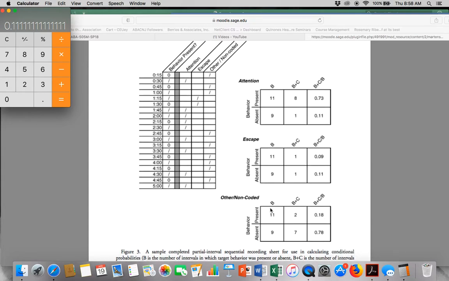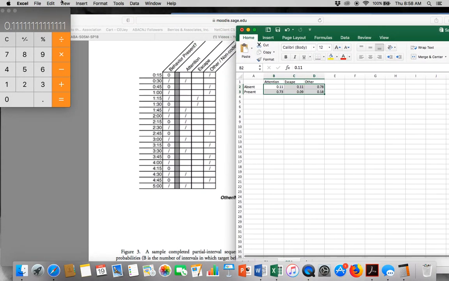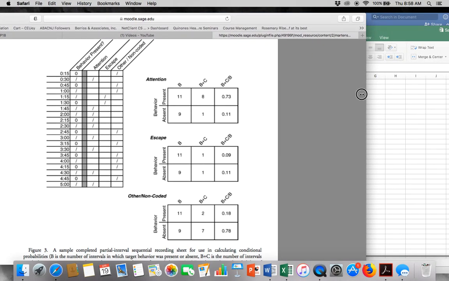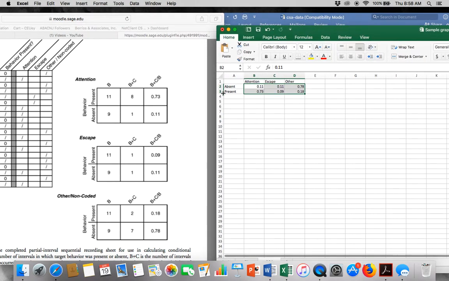The fun part. All right, so let's pop over to Excel. As you can see, I already put all this data from right over here into Excel, and I have this set up in a very specific way so that it graphs correctly. You need to have your conditions up top, and then whether the behavior occurred or didn't occur over here.